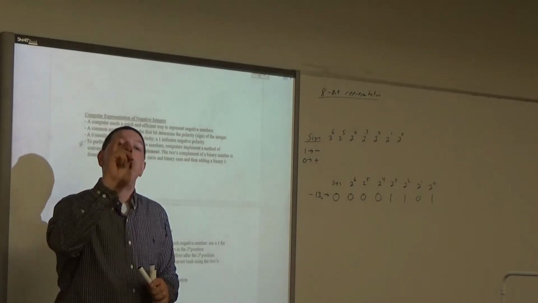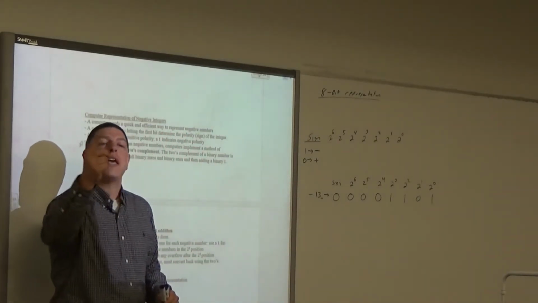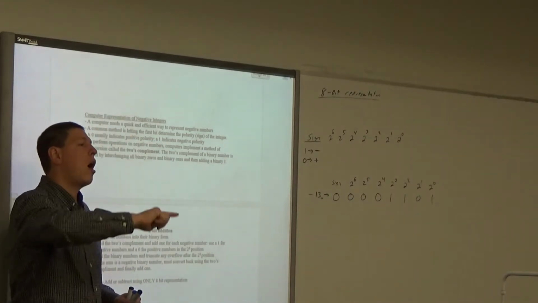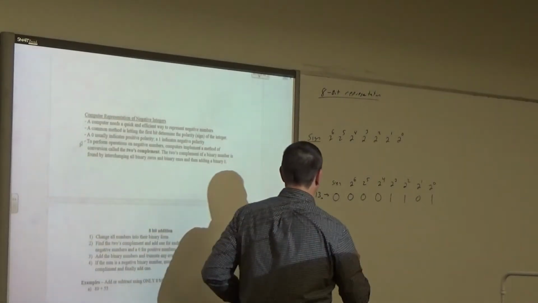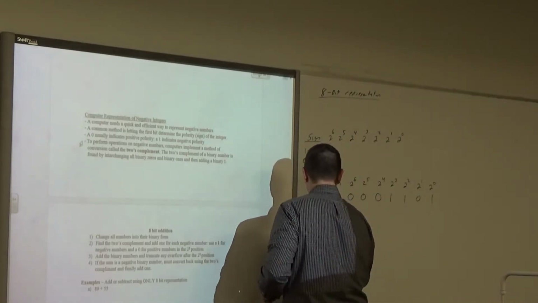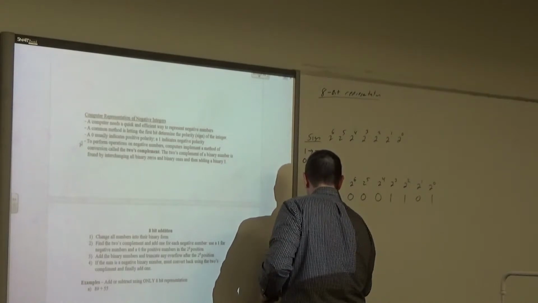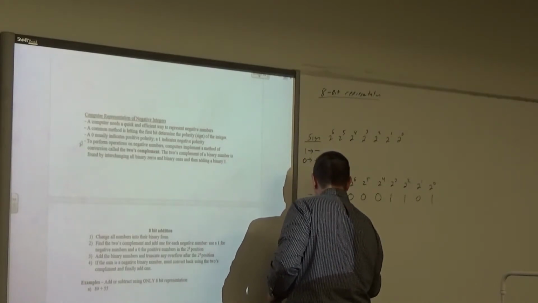How does a computer represent negative 13? What it does is it takes something called the 2's complement. Since it's negative, we're going to take the 2's complement.